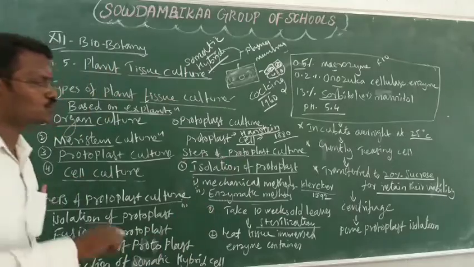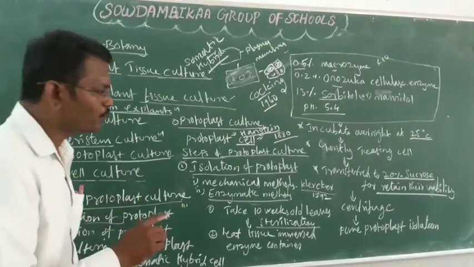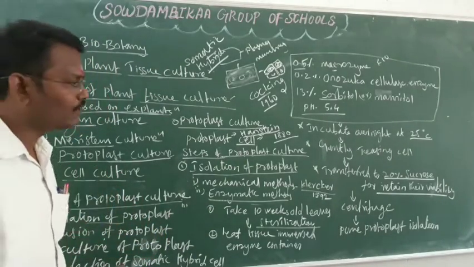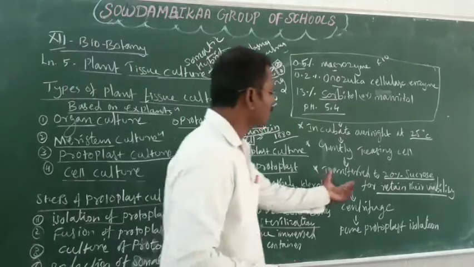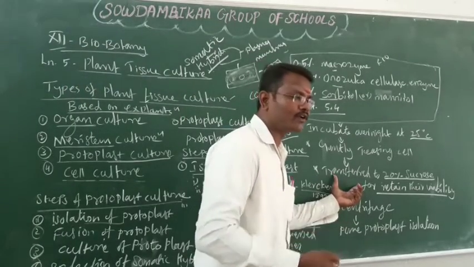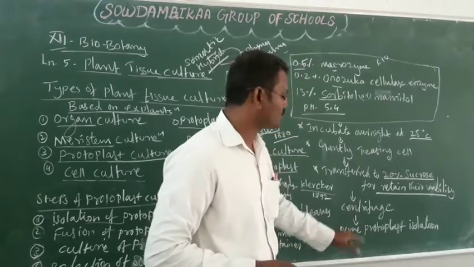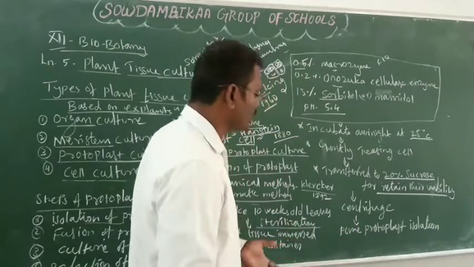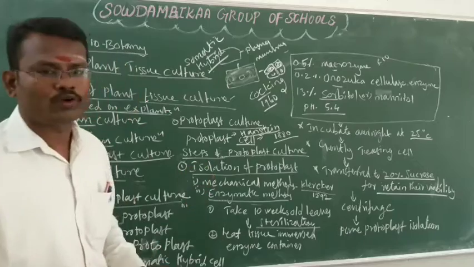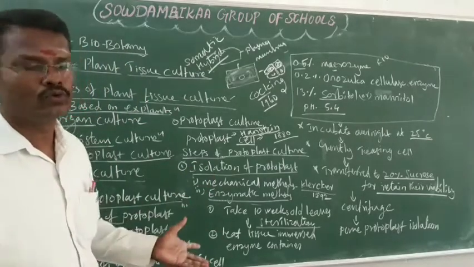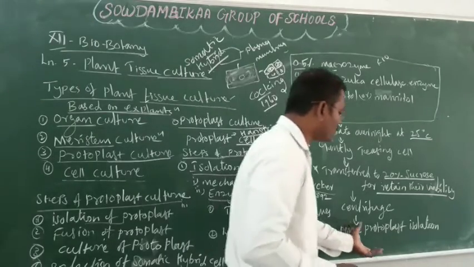Here the sucrose is used at how much percentage? 20%. Why? To retain the viability of the protoplast. Next stage, we centrifuge the protoplast. By centrifuging we get the pure protoplast and we can remove the debris. So the protoplast is isolated.